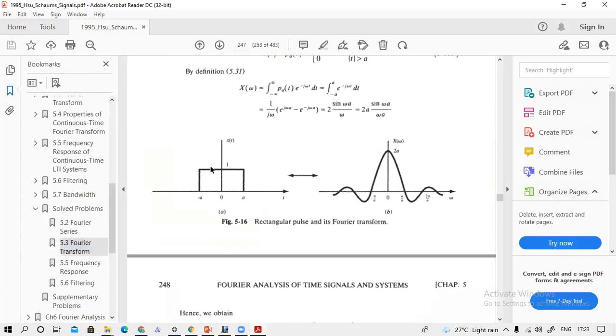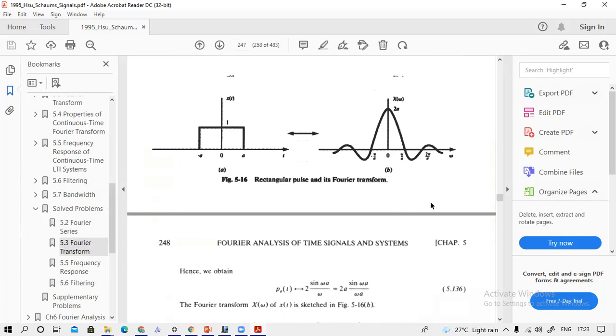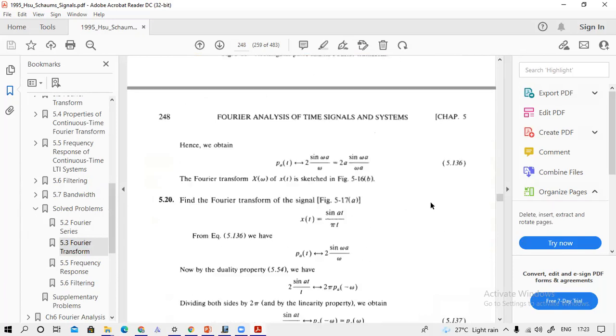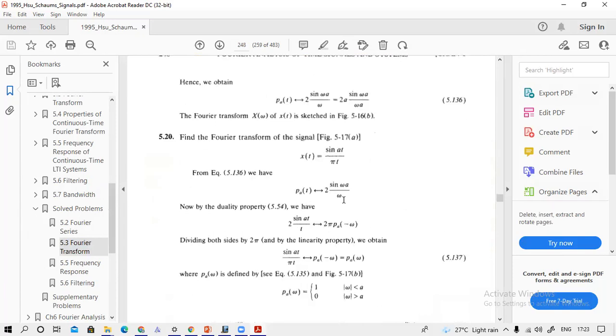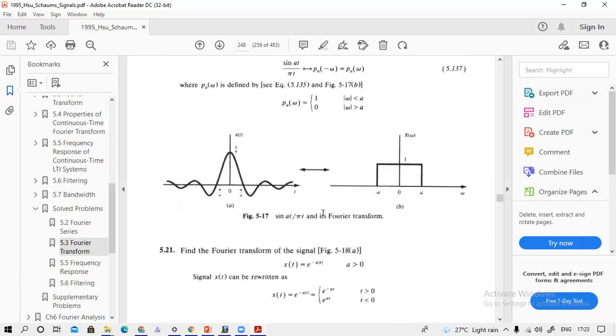You can see that if we have this kind of rectangular pulse, this is our Sinc Fourier transform equation, the frequency domain signal. And you can see that using the duality property, you can get this one.